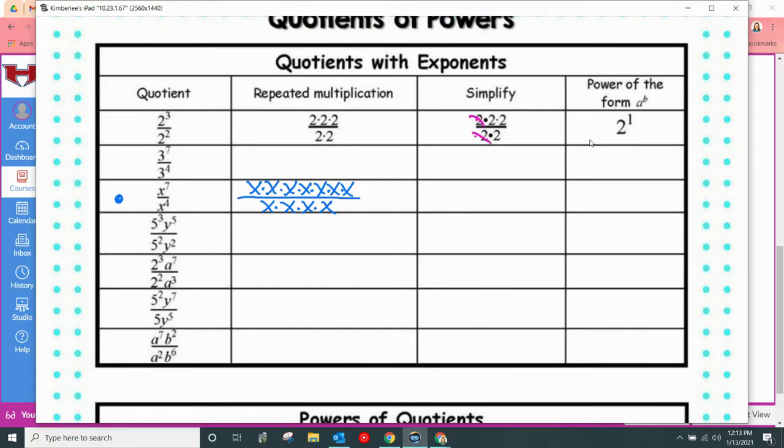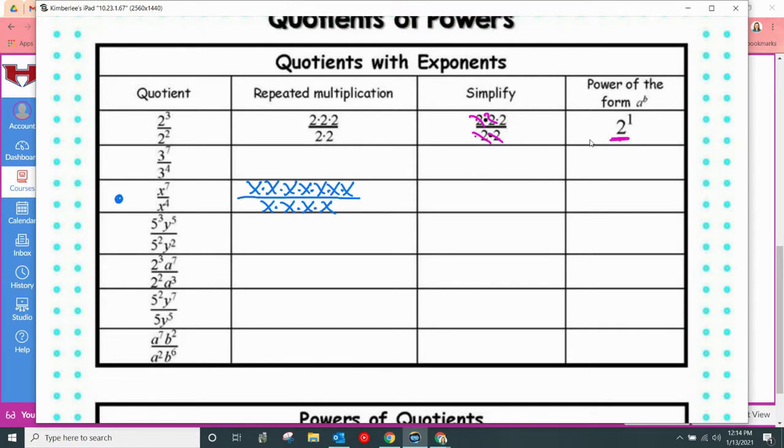You have to remember back when y'all were working with fractions and simplifying fractions, like you started back in 5th, 6th grade, you can cancel these out. It's because 2 divided by 2 is 1. Well, there's another 2 divided by another 2, and that's also going to be 1. And 2 times 1 is just 2. So this simplifies down to just 2 to the first power.